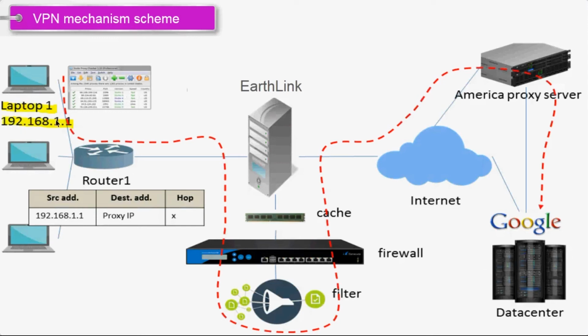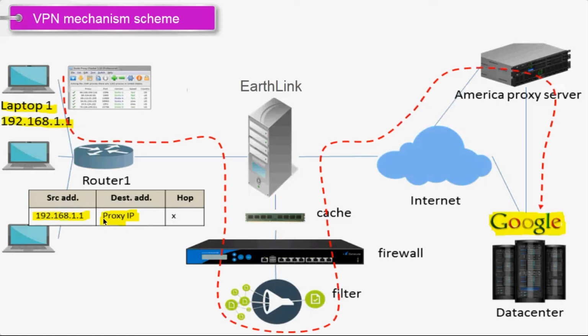Then the ID goes to the router. The source ID is the same, but the destination ID is a proxy ID, not the Google ID. In this case, the internet service provider cannot catch us because we don't write the Google address.